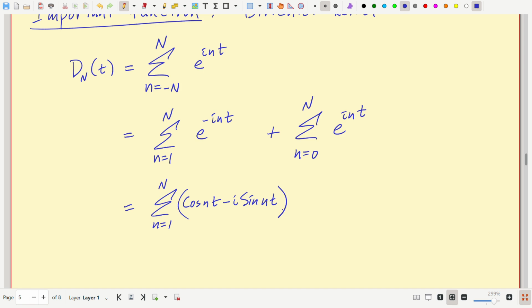Okay. And let me put the n equals 0 case here. That's the n equals 0 case. And now I'll put the positive n ones, this is the easy one. E to the int is cosine nt plus i sine nt.